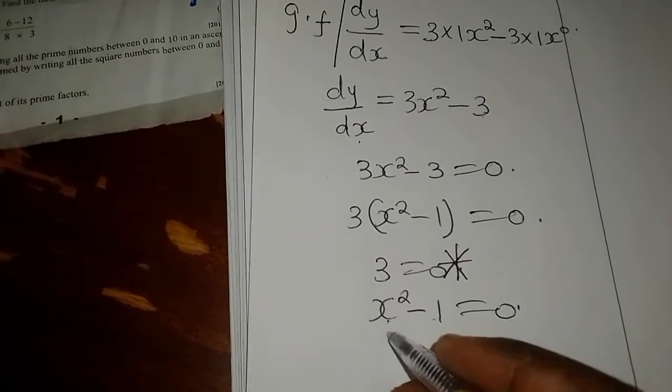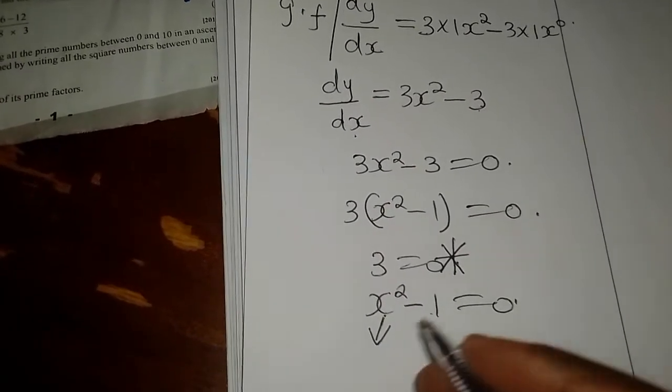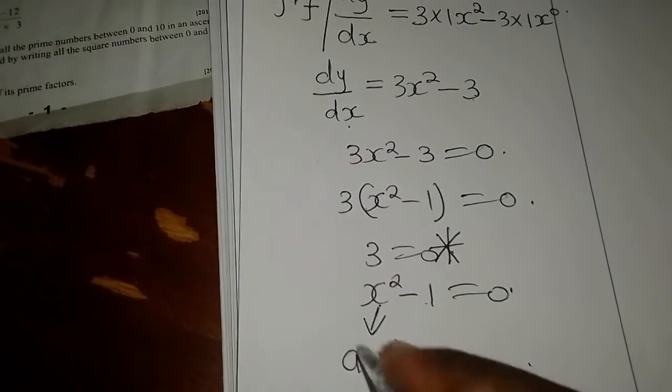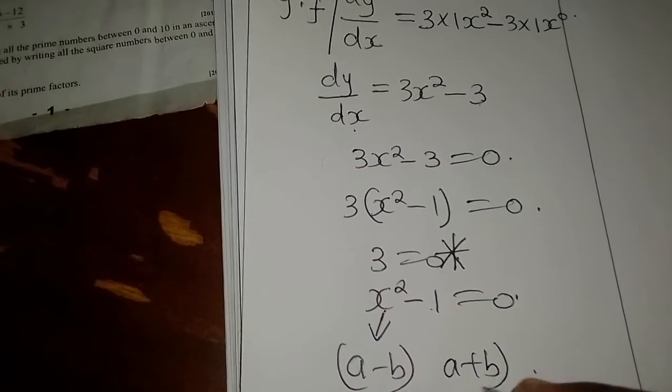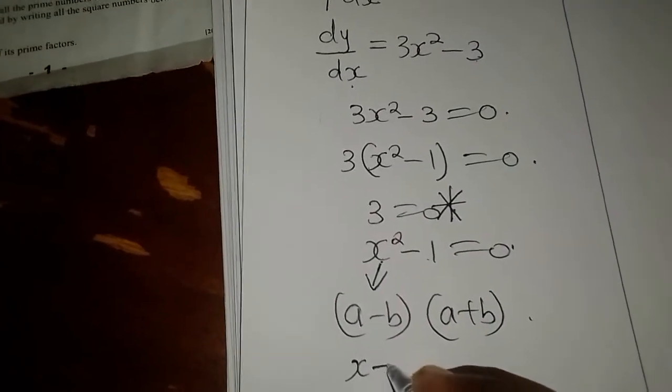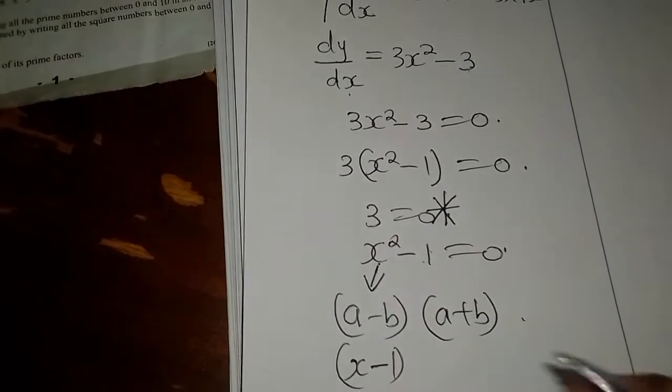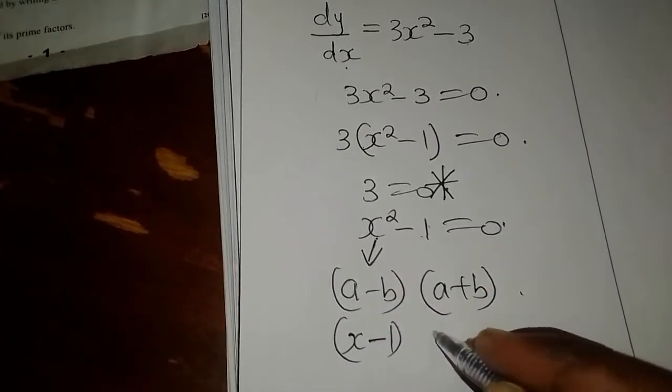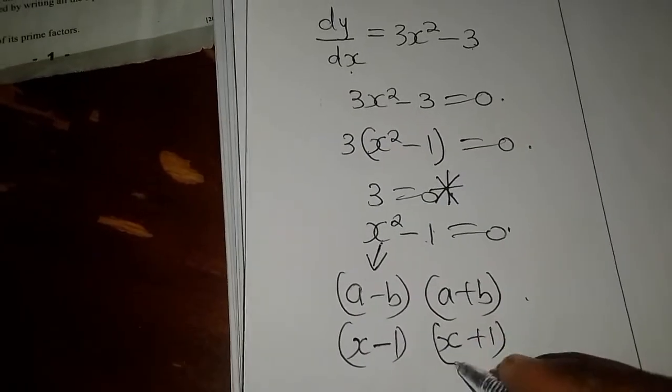Let me factorize this as a difference of squares: the square root of x squared is x, the square root of 1 is 1, so we get x minus 1 times x plus 1.